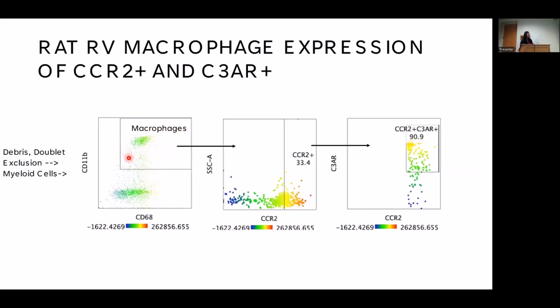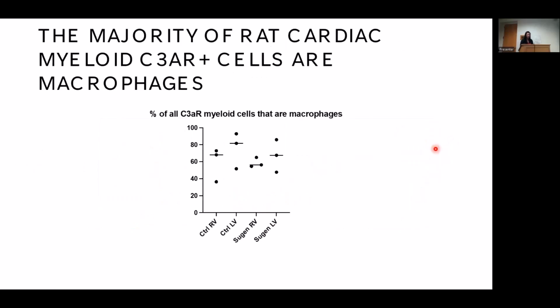So in the flow cytometry studies that I've done on rat macrophages, again, we identify the CCR2 positive population of macrophages, and these CCR2 positive macrophages do predominantly express C3a receptor. So over 90% of CCR2 macrophages are expressing C3a receptor. So that all kind of hints at this interaction between complement and macrophages in the right ventricle.